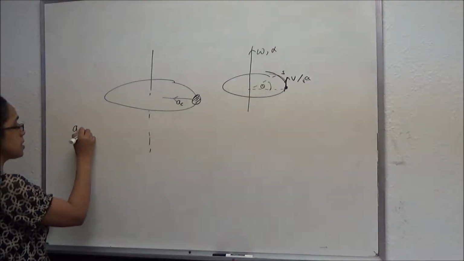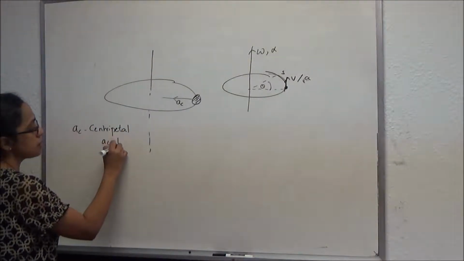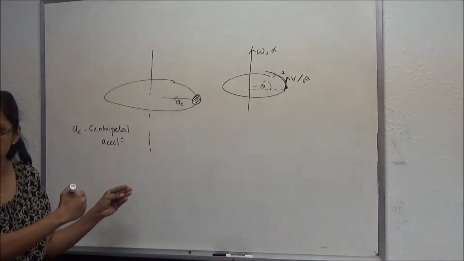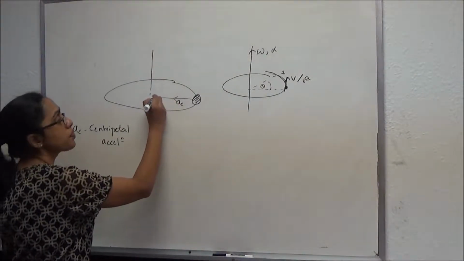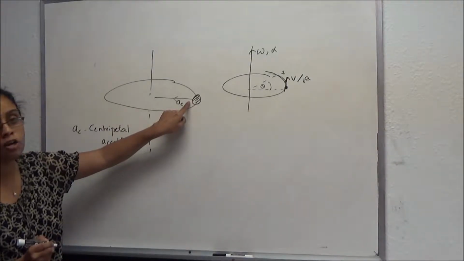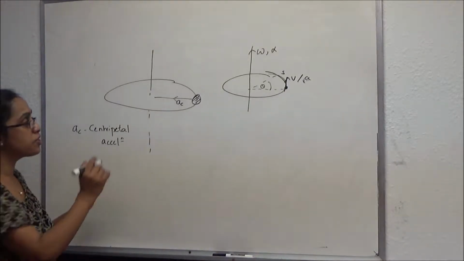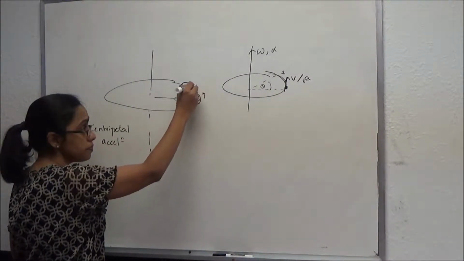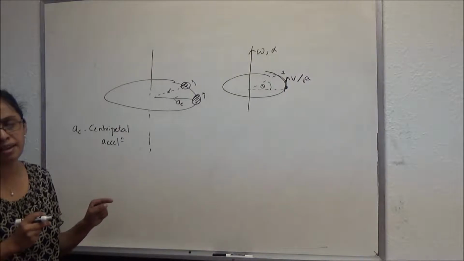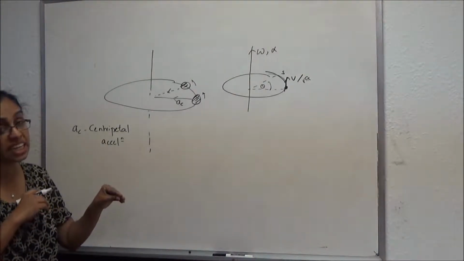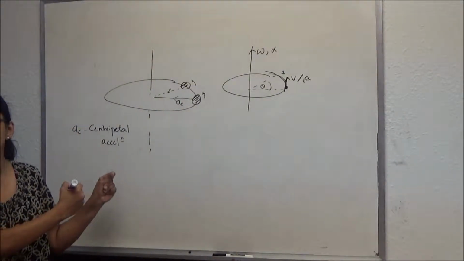AC is the centripetal acceleration. It's towards the center, that is what is meant by centripetal. Remember, this is not rotational, not angular. This is linear. When the particle is here, it is radial. I said a wrong word earlier, it's not aerial, it's radial. It is always radially towards the center.